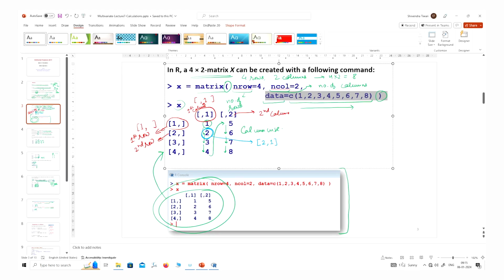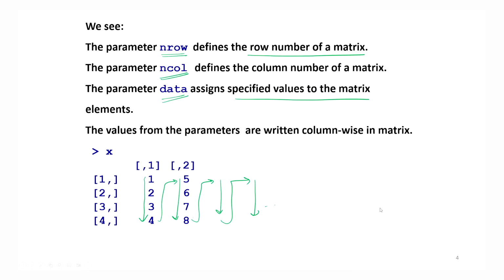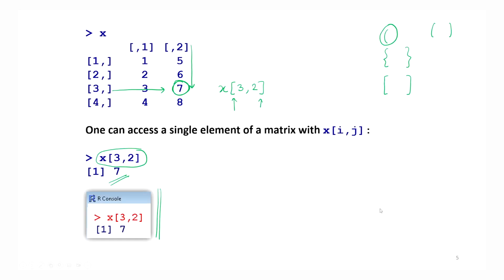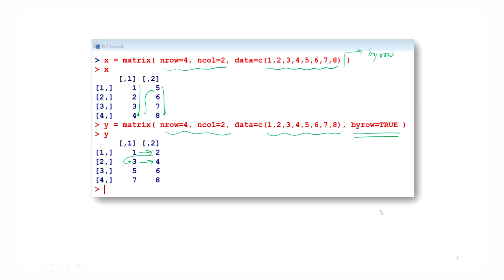And to understand one concept, look at this screenshot. In this screenshot, I am not writing anything about by row. So, what is the value of by row?